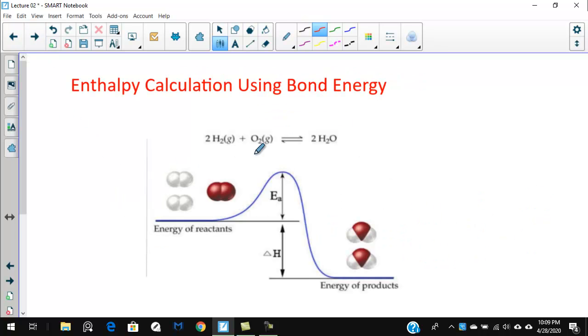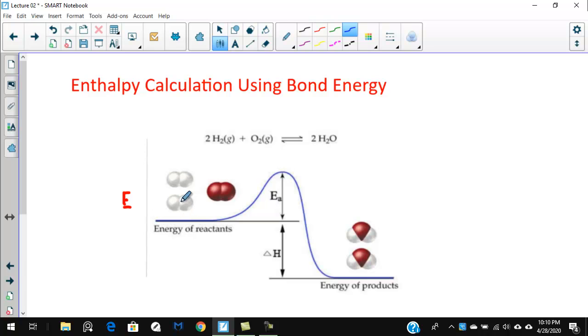So when we do an enthalpy calculation, we have to take a look at a graph something like this one, and we'll see we have some reactants that have a certain amount of energy. Again, this scale on the side represents energy, and that energy is stored in the bonds in these molecules.